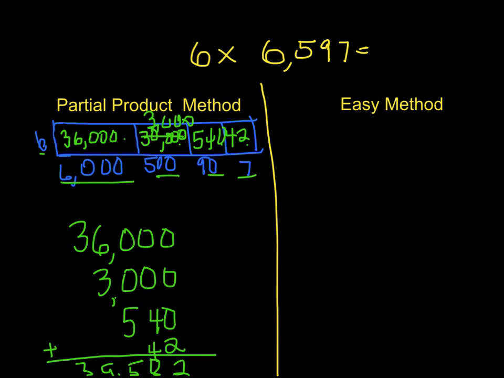Now let's look at the easy method. We've got 6,597 multiplying by 6.